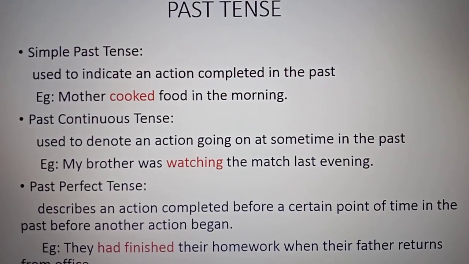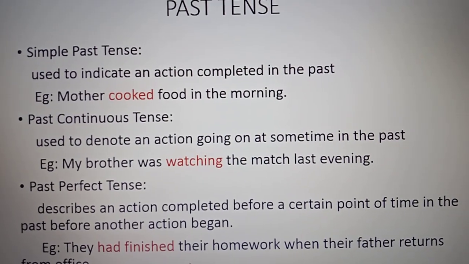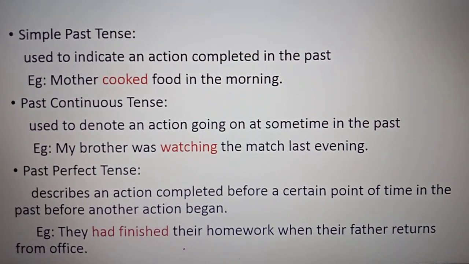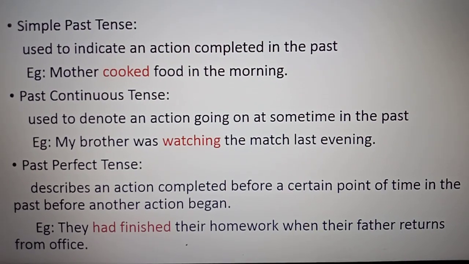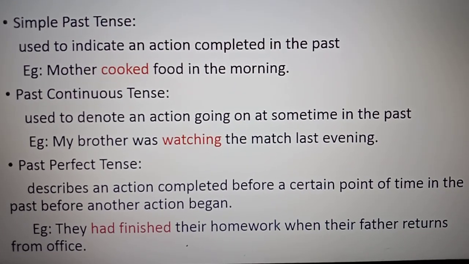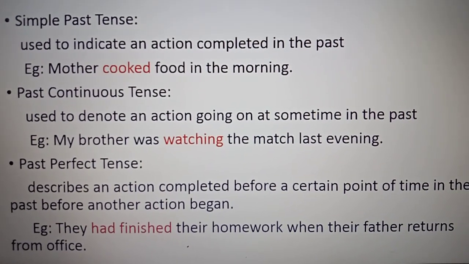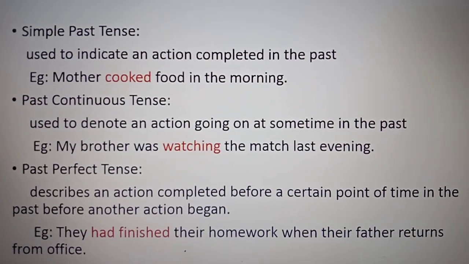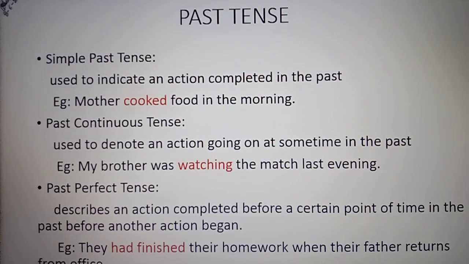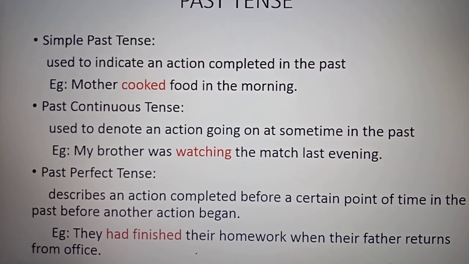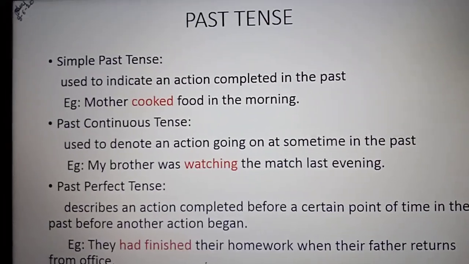The difference is here it is was, and in the present tense we had added is or are. Is for the singular, are for the plural in the present tense, and for the past we will use was for the singular and were for the plural. It is not where, it is were.